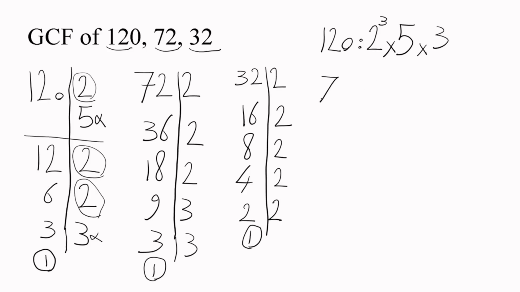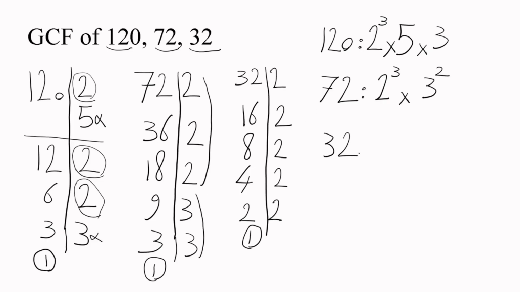I can write 72 as, you can see, I have three 2's, so 2 to the power of 3 times 3 to the power of 2. I have 3 to the power of 2 here. And I can write 32 as, you can see, I have five 2's here. 2 to the power of 5.